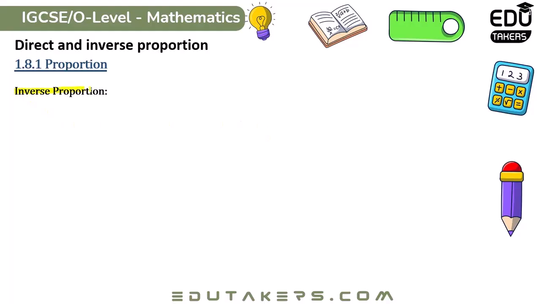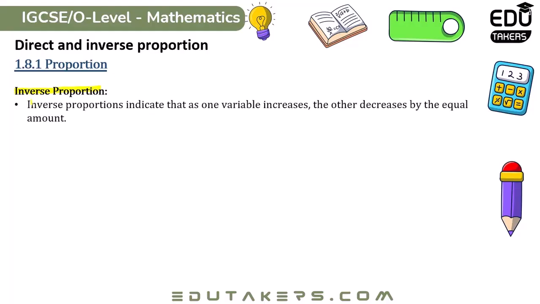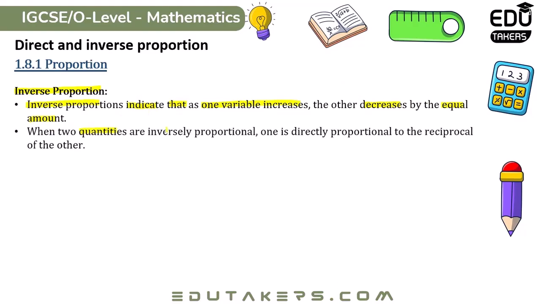Now, inverse proportion. Inverse proportion indicates that as one variable increases, the other decreases by the equal amount. When two quantities are inversely proportional, one is directly proportional to the reciprocal of the other.